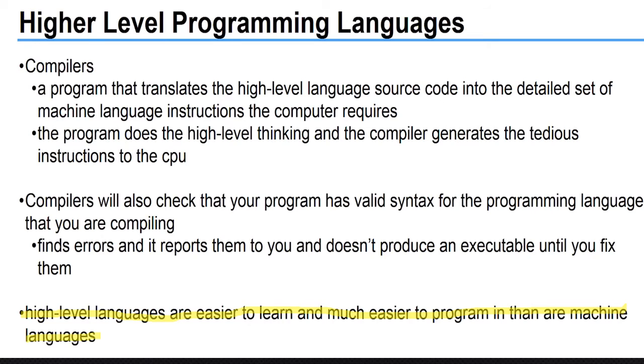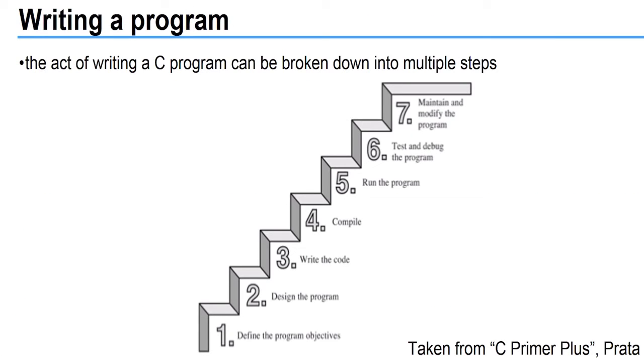Next, C. This is the way to write a program. First, you need to keep all these keywords in your mind. There are multiple steps. First, define the program objectives. You need to discuss what you are going to do and think about it more.